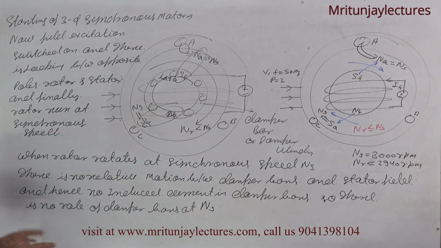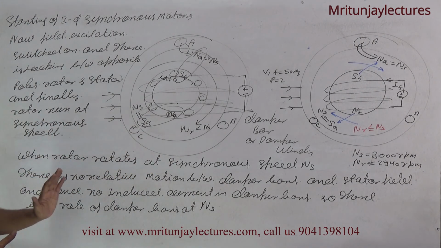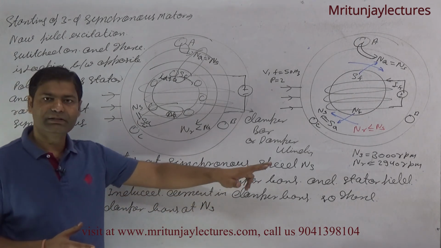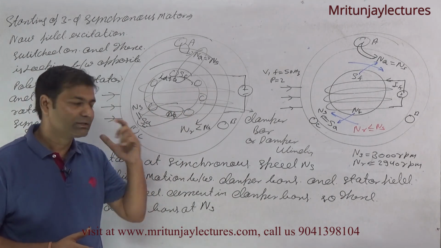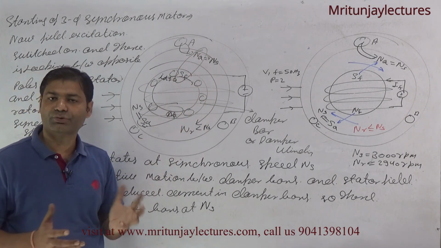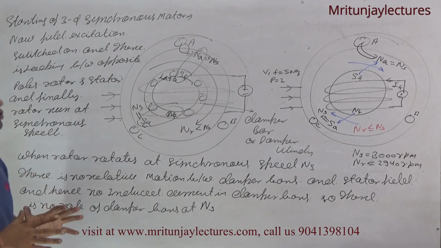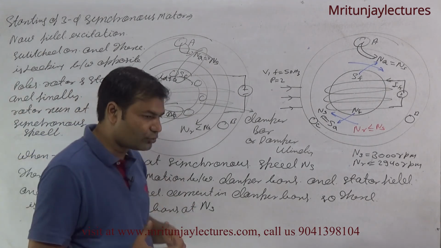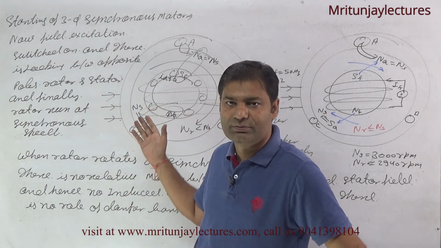After some time, the rotor rotates at synchronous speed NS, and there is no relative motion between the damper bar and the stator field. Why? Because both rotate at NS. So no induced current in the damper bar. Clear? So no induced current, so no opposition.